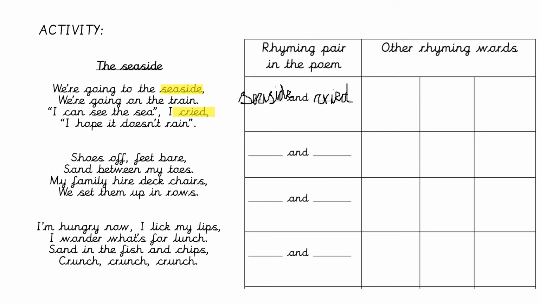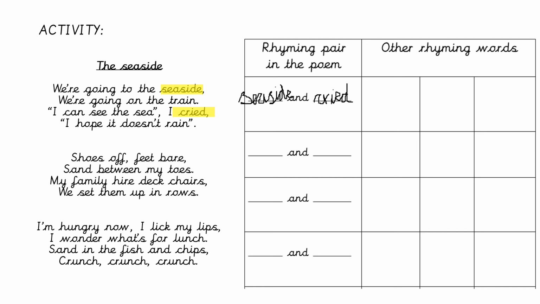I'd then like you to think of 1, 2, 3 different rhyming words. So looking at those words, the sound that I would need to match seaside, cried, is that I'd sound on the end. So I'm going to have a think, what rhymes with cried and seaside? I know I could have the word hide.